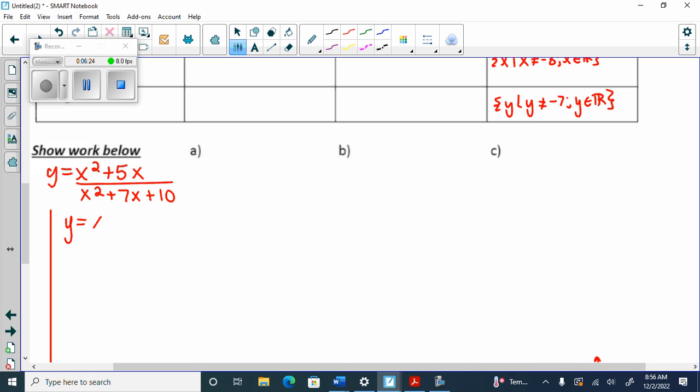So we take out an x, and we're left with x plus 5. What multiplies to give me 10 and adds to give me 7? x plus 2 and x plus 5. The x plus 5's cancel, so I know I have a point of discontinuity immediately.